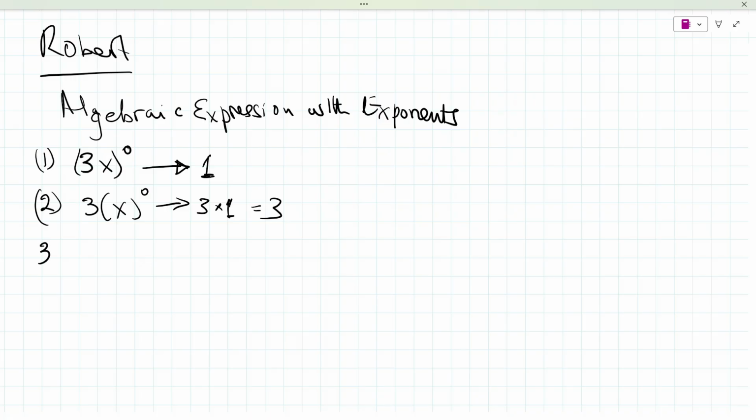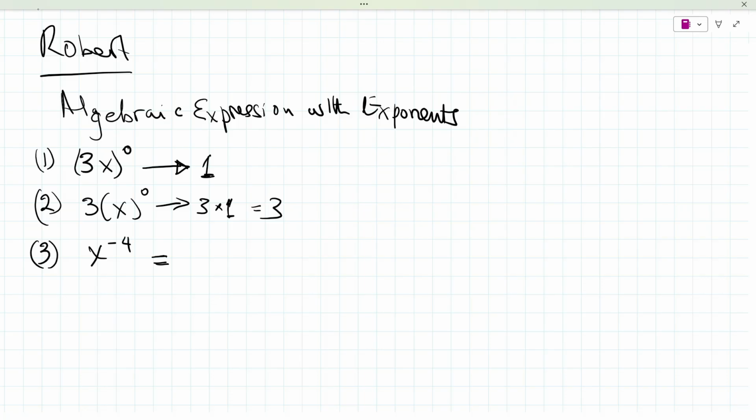Now, let's look at a third example. If you have x to the power minus 4, and you are asked to express that algebraic expression using positive and not negative exponents, it's always the reciprocal.